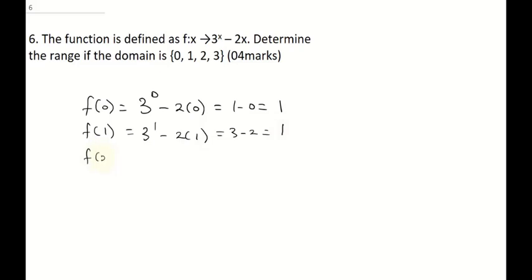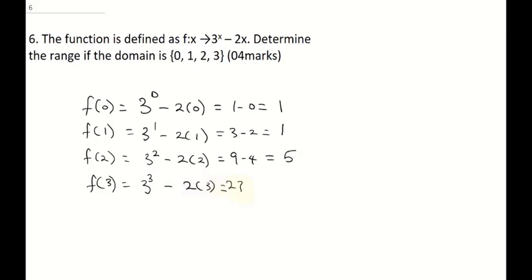When you find f of 2, this is going to be 3 raised to power 2 minus 2 times 2, which will be 9 minus 4. That will give us 5. Then when you find f of 3, this is going to be 3 raised to power 3 minus 2 times 3, which will be 27 minus 6, and that will give us 21.